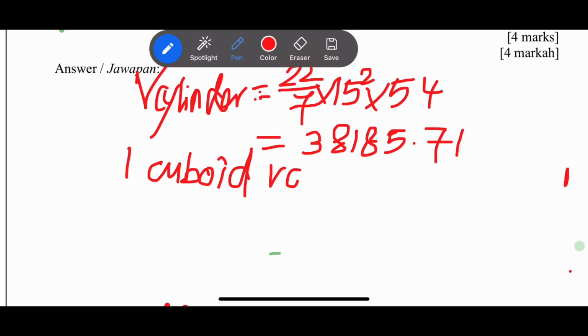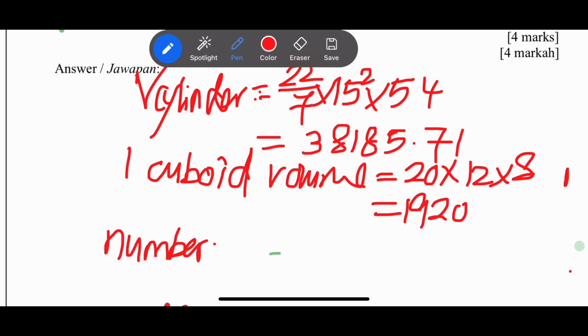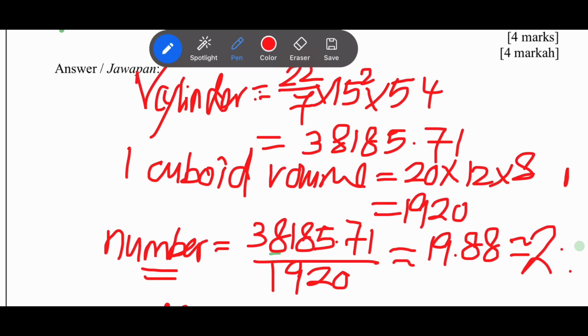And the volume for 1 cuboid is 20 times 12 times 8. So the answer is 1920, right? This is the volume for 1 cuboid. So we are asked to find the number, so we take the volume of the water divided by the volume for 1 cuboid, 1920. After dividing, your answer is 19.88.